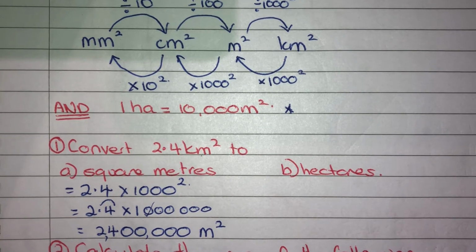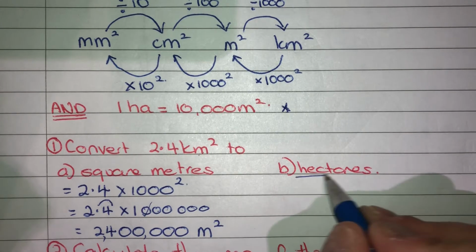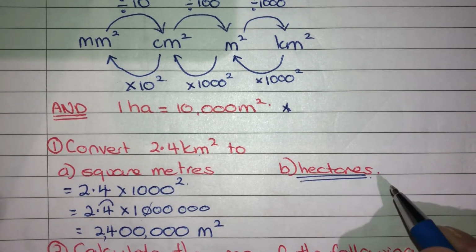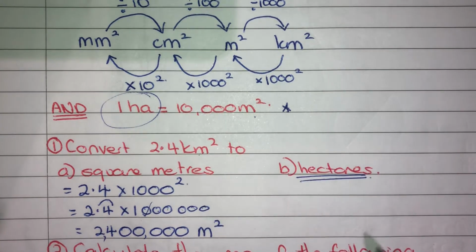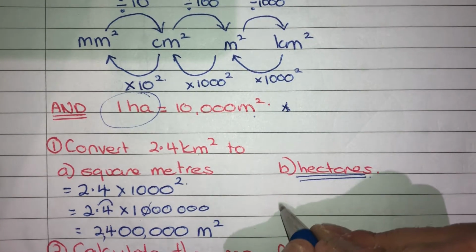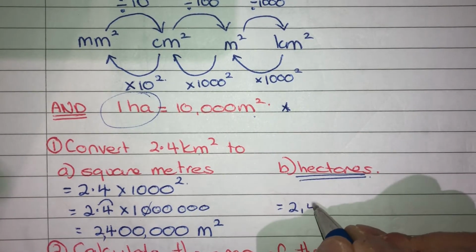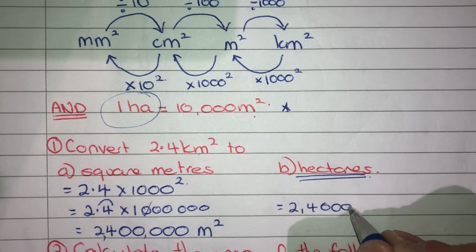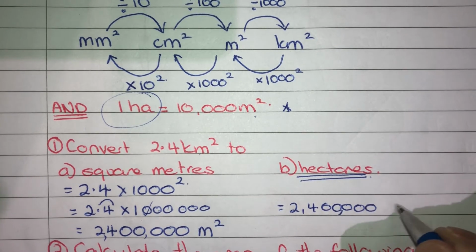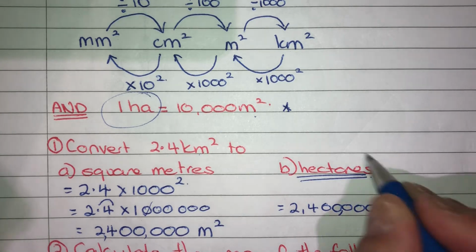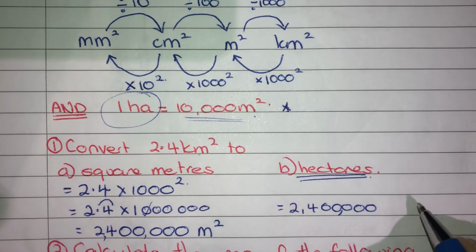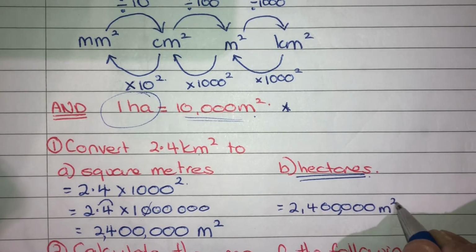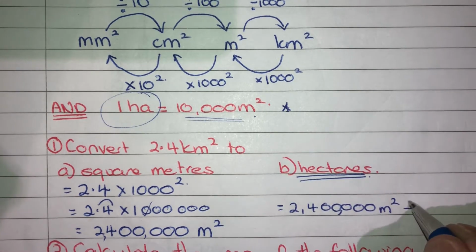Don't forget. All right. The next thing we want to do is divide to make it into hectares. So 1 hectare is worth 10,000 metres squared, but we have 2,400,000 metres squared. So we want to work out how many hectares are in there. So we're going to divide by how many metres squared there are in a hectare. And this is the same every time.